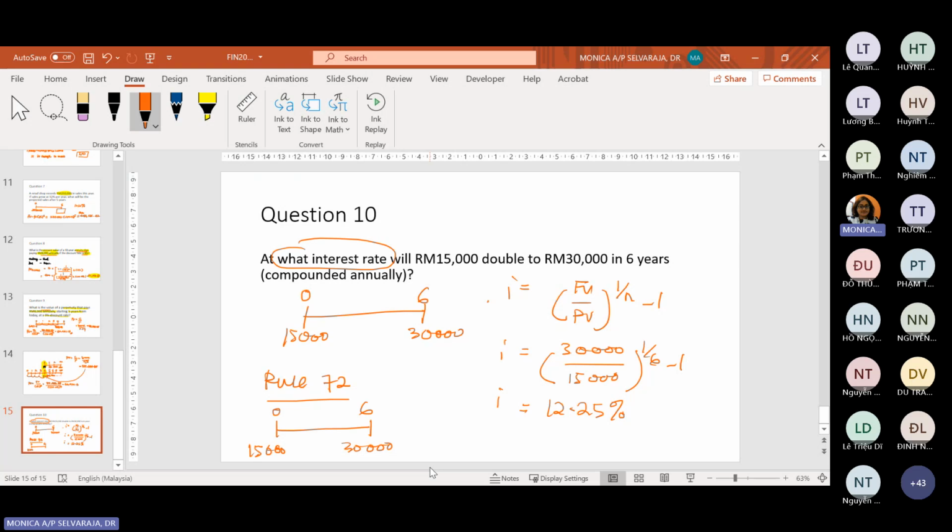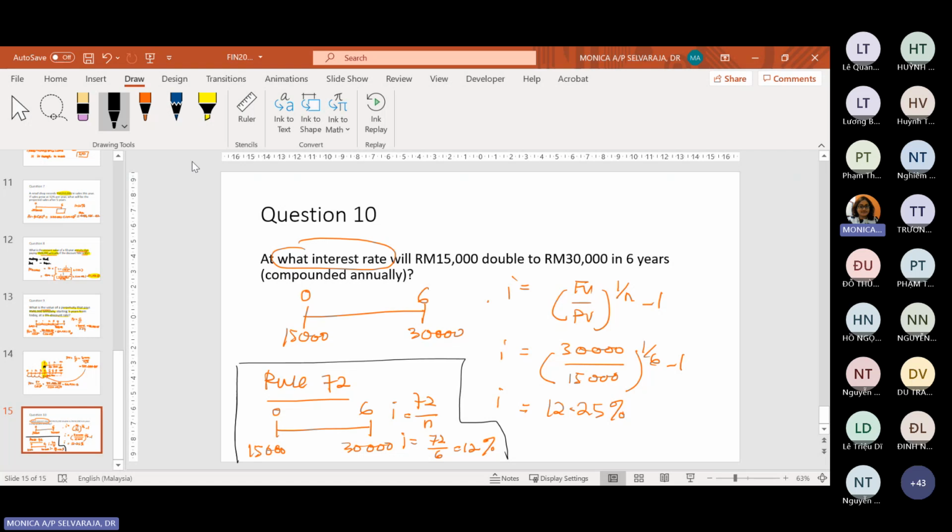Even 1 to 2, or 10 to 20, anything you double, you take 72 divided by the number of years. In this case, you want to calculate I, so you divide 72 by n. N is given as 6, right? So I is equal to 72 divided by 6, so you get 12. This also can be done.